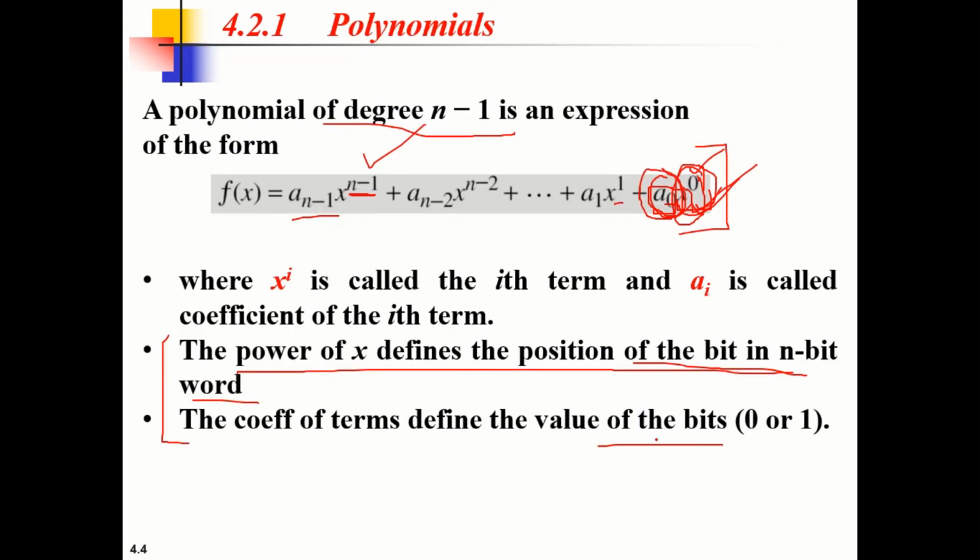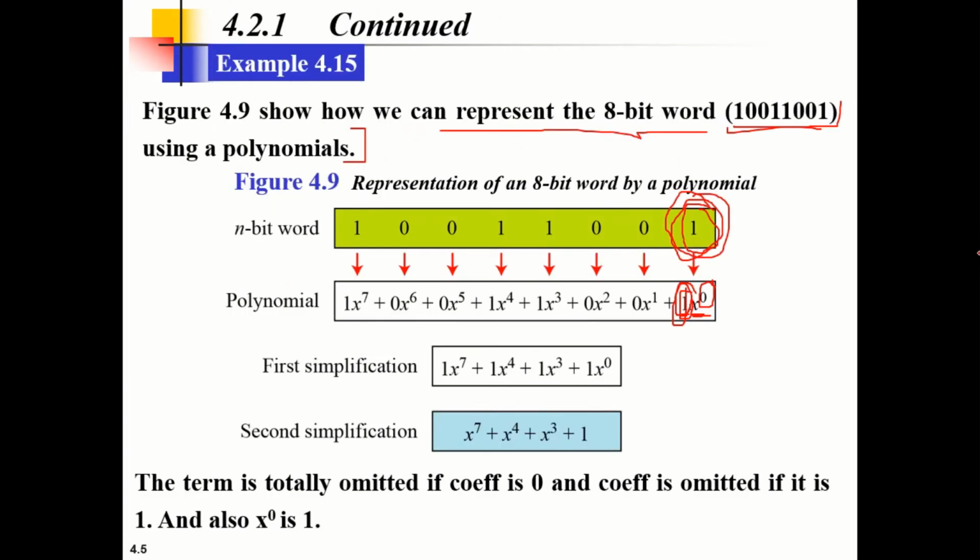And the coefficient of a term defines the value of the bit, which will always be 0 or 1. So we'll be using only these two values, 0 and 1. So the coefficient will be 0 or 1 depending on the word given.